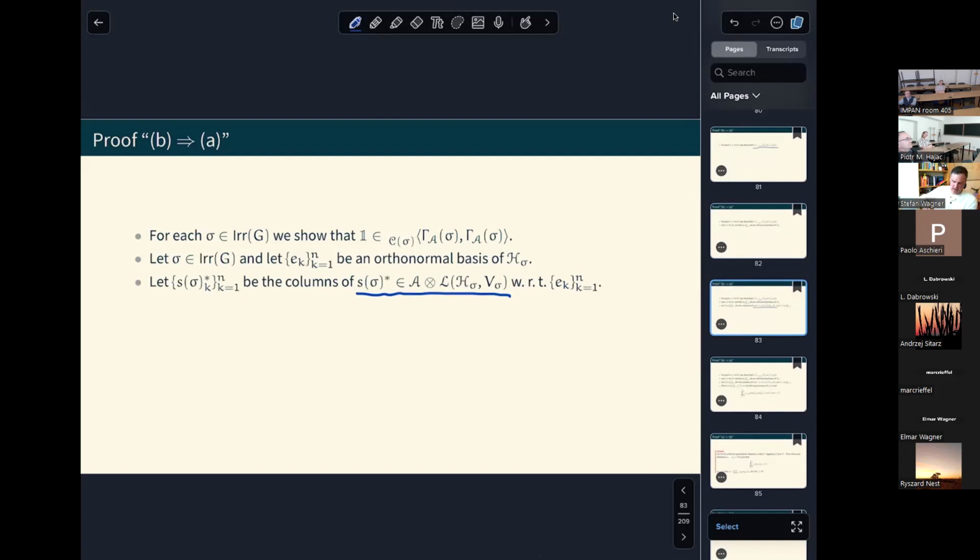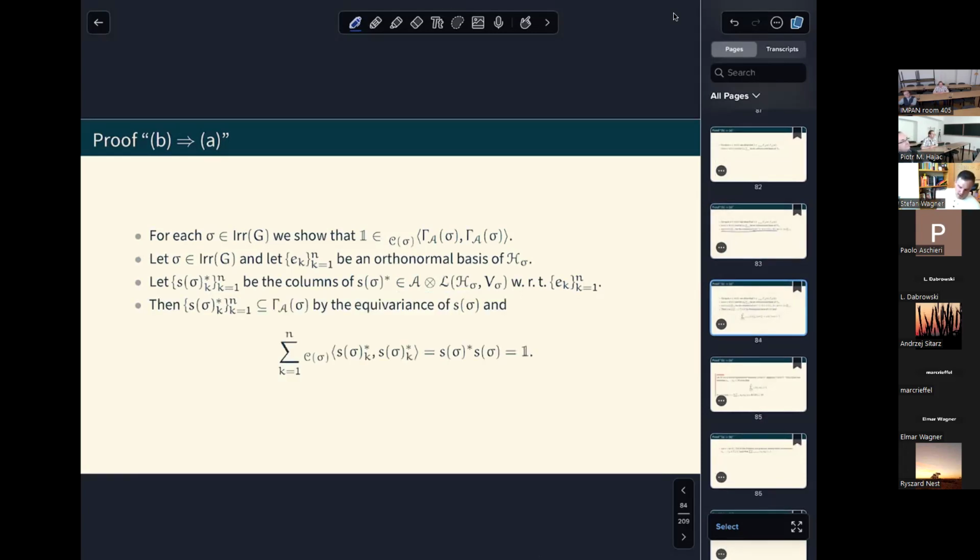And then you plug in the basis e_k. So this is just the columns of S sigma star, right? You can consider this as an operator with values in A, and these S sigma star e_k are now the columns of this operator.